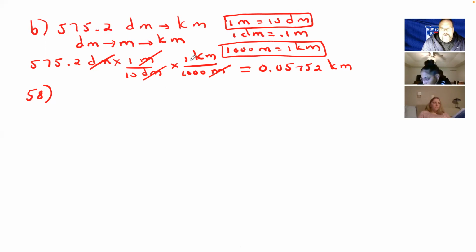So if you were asked to solve this to the right number of significant figures, the only thing that would impact the number of significant figures is the 575.2 decimeters. And the fact that that has 4 significant figures and you're doing multiplication and division should lead to an answer that has 4 significant figures. And it just so happens that when we wrote our answer here, it has 4 significant figures. It does. Yeah, okay.